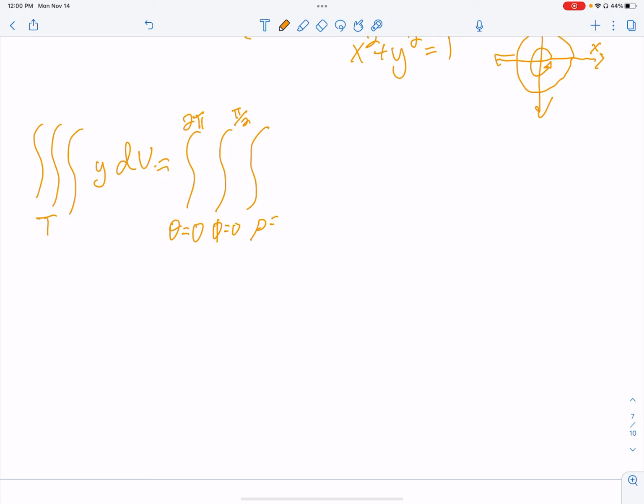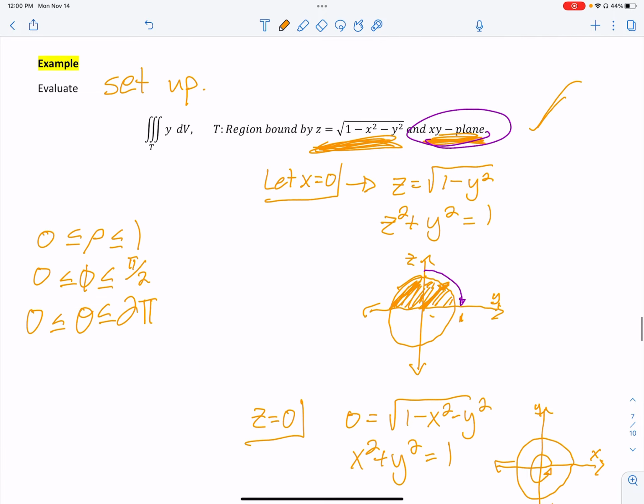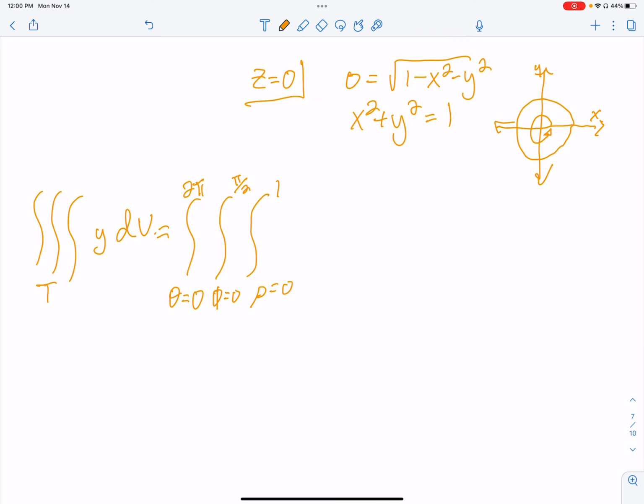And then rho is 0 to 1. The inside was a y, so I replace that with rho sine phi sine theta, and then we get the things that go along with switching to spherical: rho squared sine phi d rho d phi d theta.